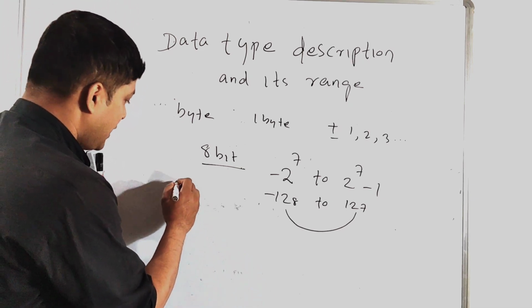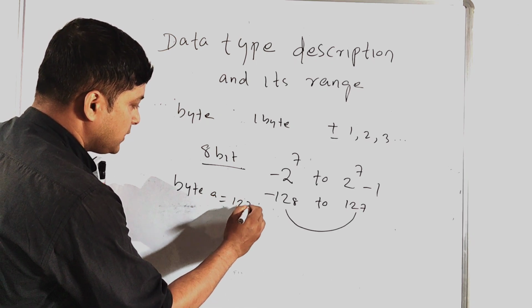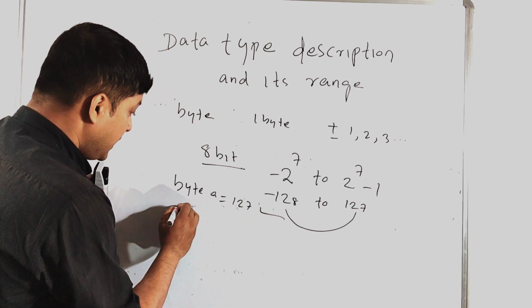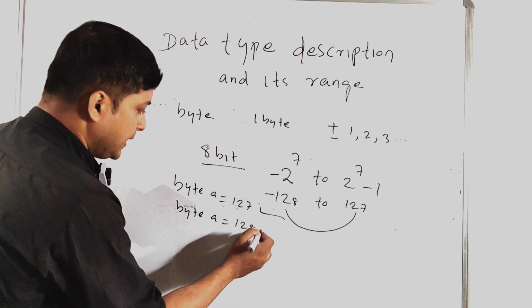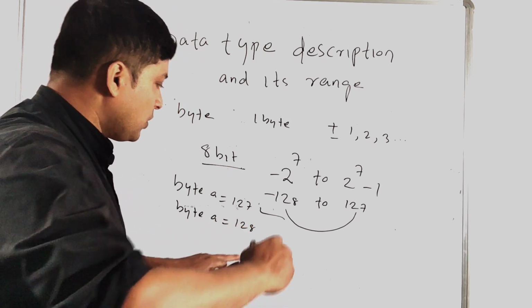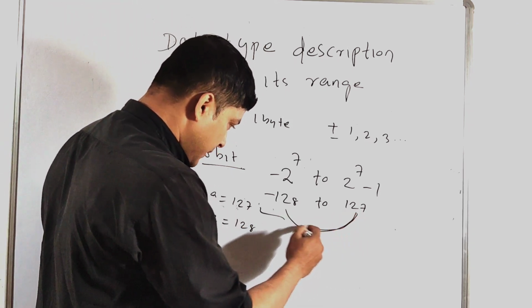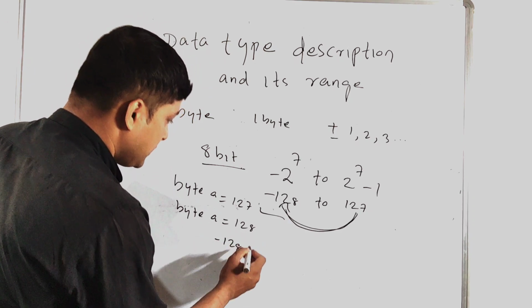For example, if I write byte a equal to 127, it's okay. But when you write byte a equal to 128, the 128 exceeds 127, so automatically the value returns back to the start, and the answer is minus 128. Clear?